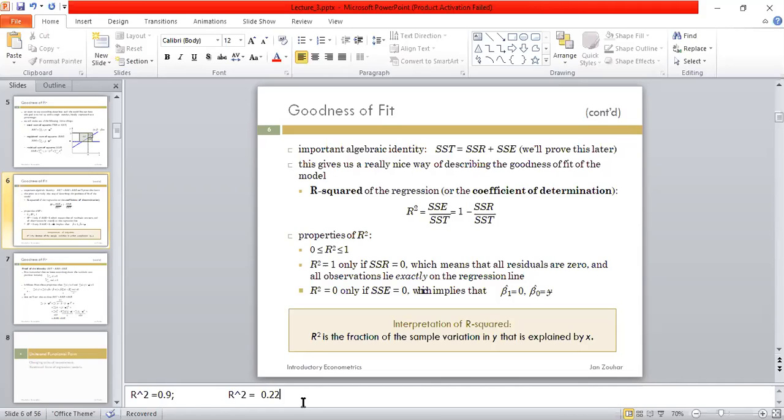Closer to 0 is a bad thing. Closer to 1 is a good thing. And a specific value of R square, we should be able to explain clearly without any confusion. R square 0.9 means 90% of the variation in y is explained by x or by the regression line.